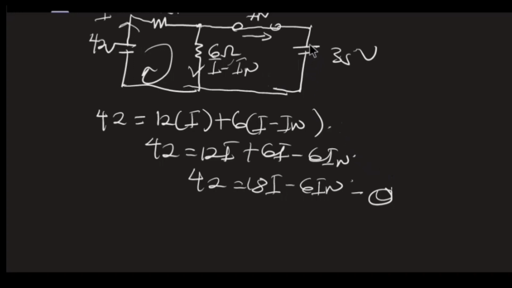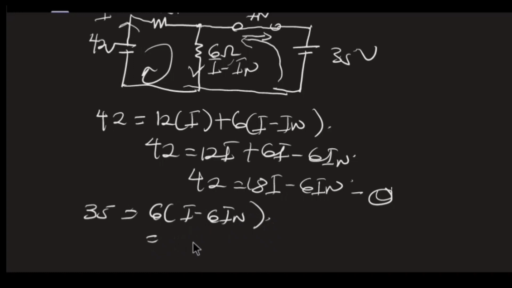So let me take this direction, right? When I take this direction, I'm going to have 35, because it's in the positive way, that direction. 35 is equal to, here there is no resistor, so there will be no voltage drop here, so it's 0, but there will be a voltage drop here, and that will be 6 open bracket I minus IN.